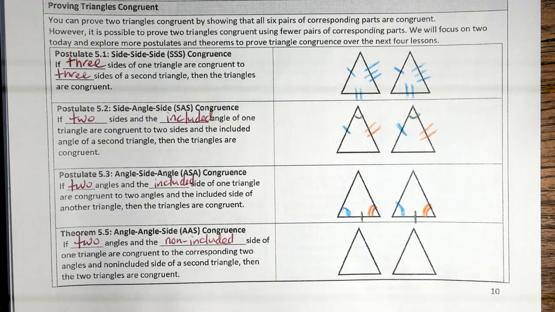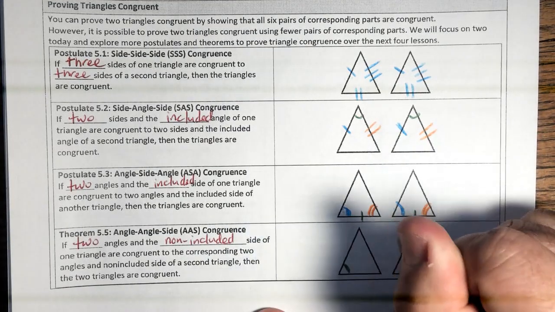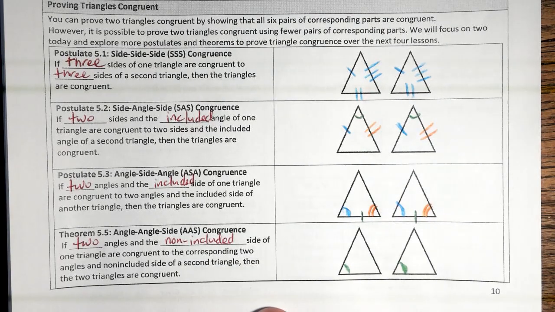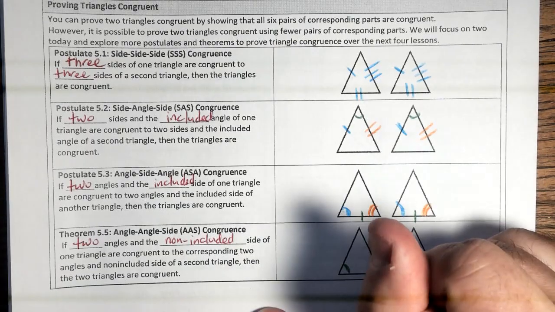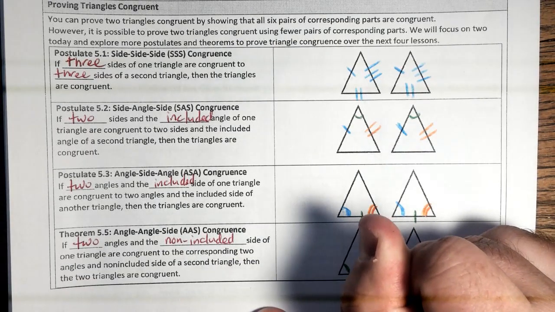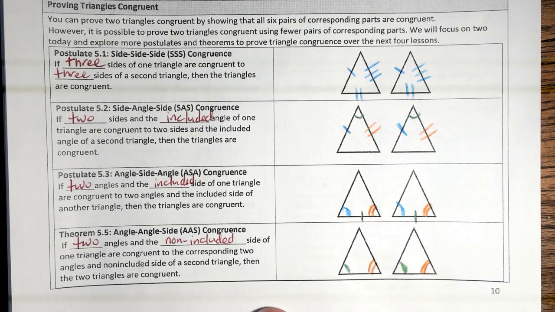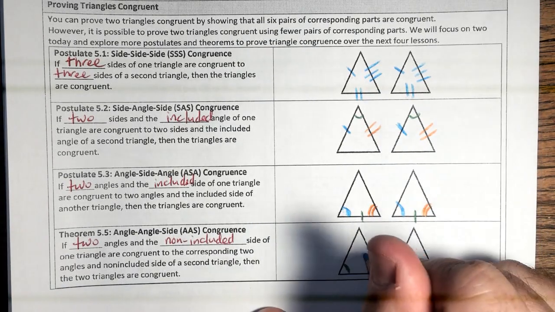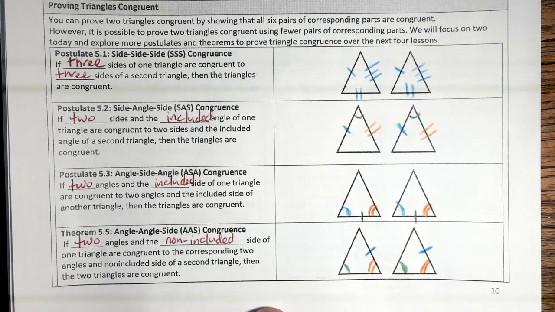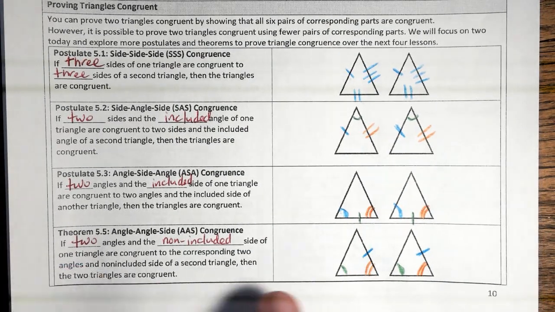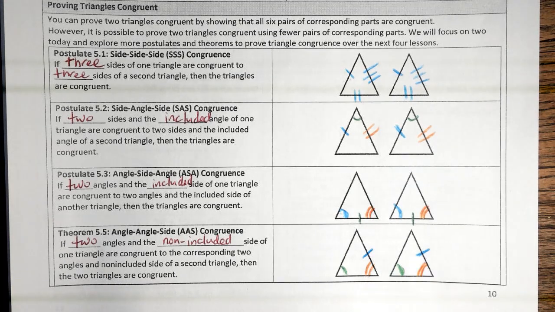All right, and then finally, I'm going to put in my colors first. There's not a whole lot of drawing happening. All right, so if 2 angles and the non-included side of one triangle are congruent with 2 angles and the non-included side of the second triangle, then those triangles are congruent.